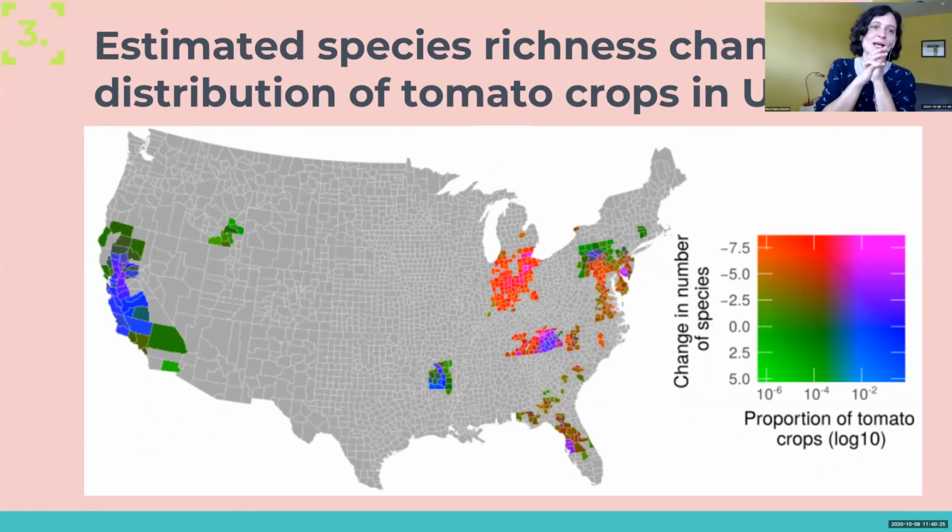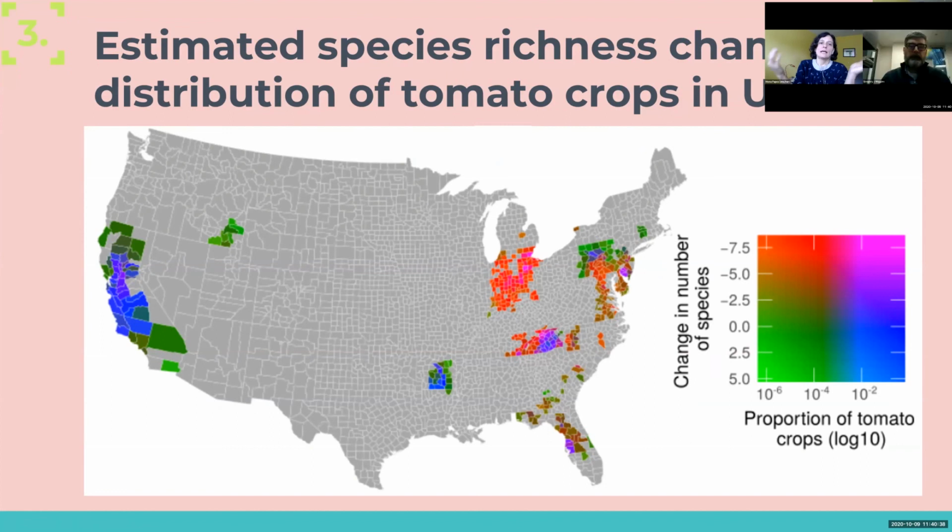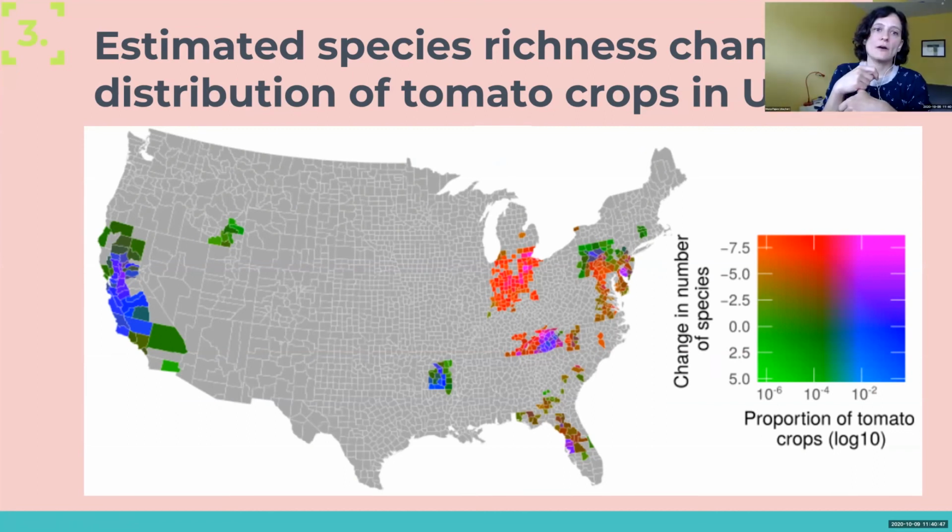So I guess we focused more on areas that are proportionally high in tomato crops, basically the purple, because that's where a high proportion of the crops grown in that county is represented by tomatoes.